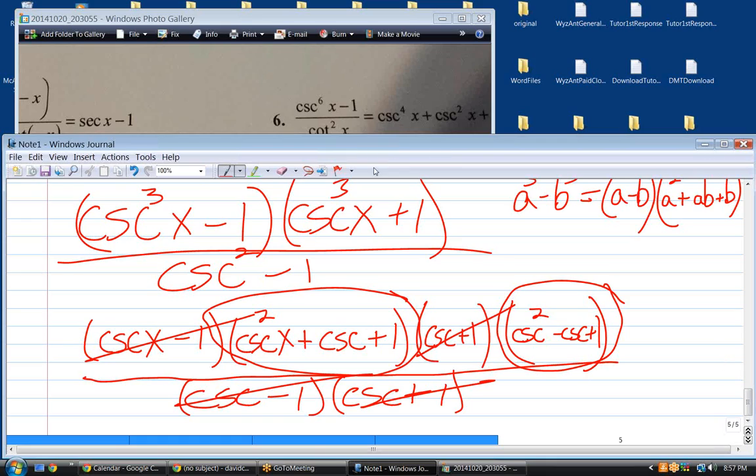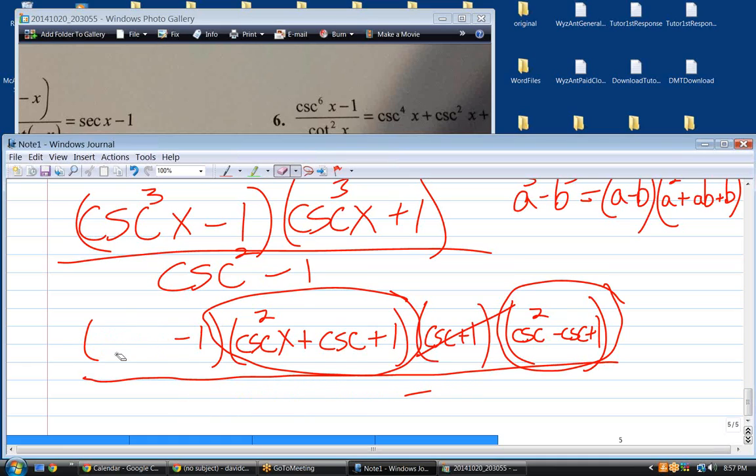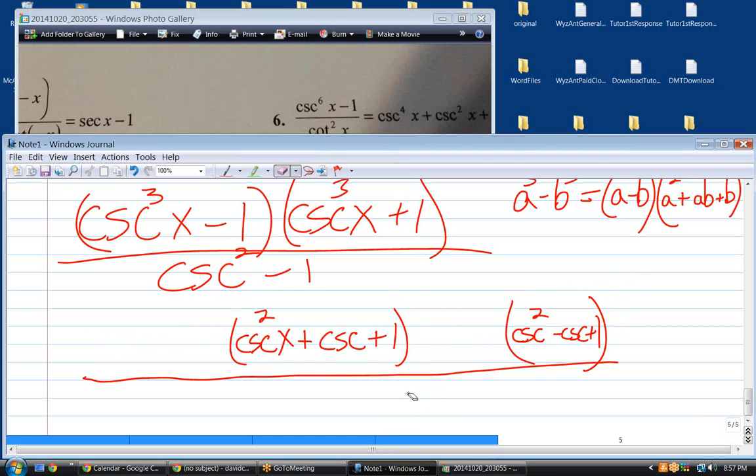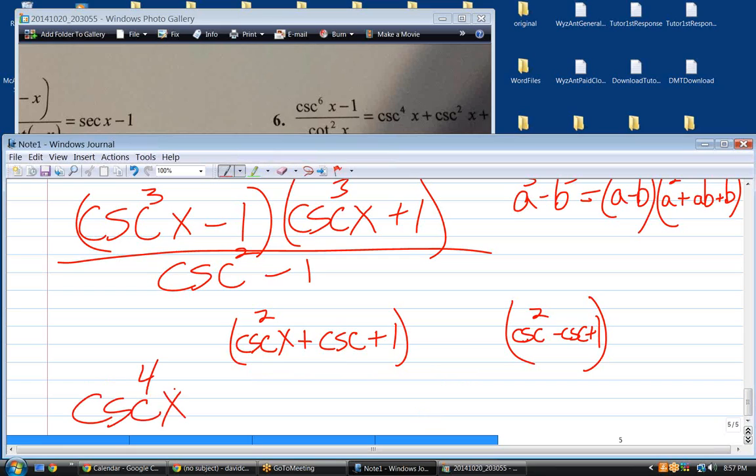Let me erase everything here but what we're looking at. So, always do these every term by every term. So the first term is cosecant fourth x. That's that times that. Now always do that times that.